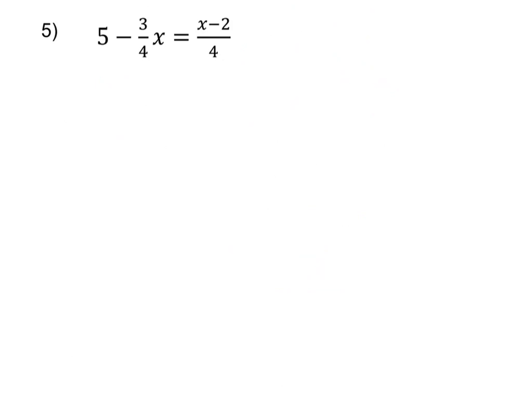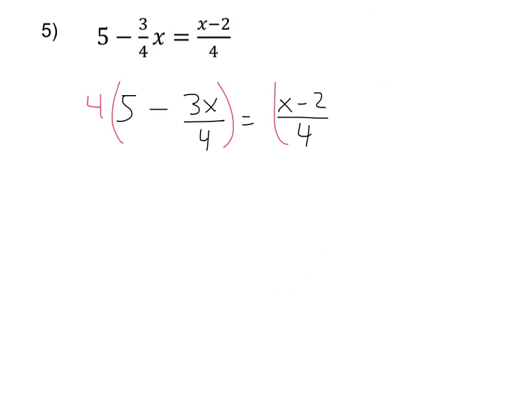What I would do is multiply both sides by 4. Actually, let me rewrite this before I do that. Remember, this is the same thing as 3x over 4. Now let's multiply both sides by 4. On the left, let's distribute.